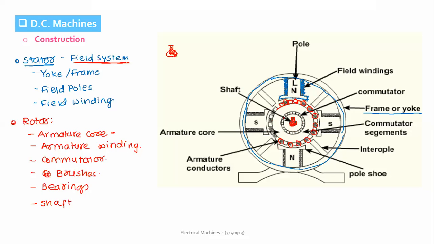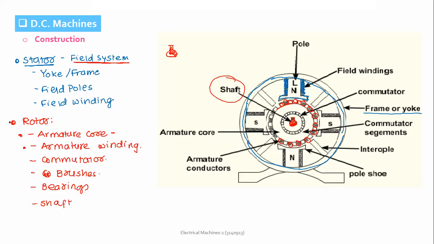As the magnetic field is stationary over here, the conductor must be rotating. That is why the armature winding, which is placed in the slots provided in the core, needs to be rotated. That is why the shaft here will be coupled with either a turbine, prime mover, or any other motor, and the conductor will rotate along with the armature core, which is mounted on the shaft.